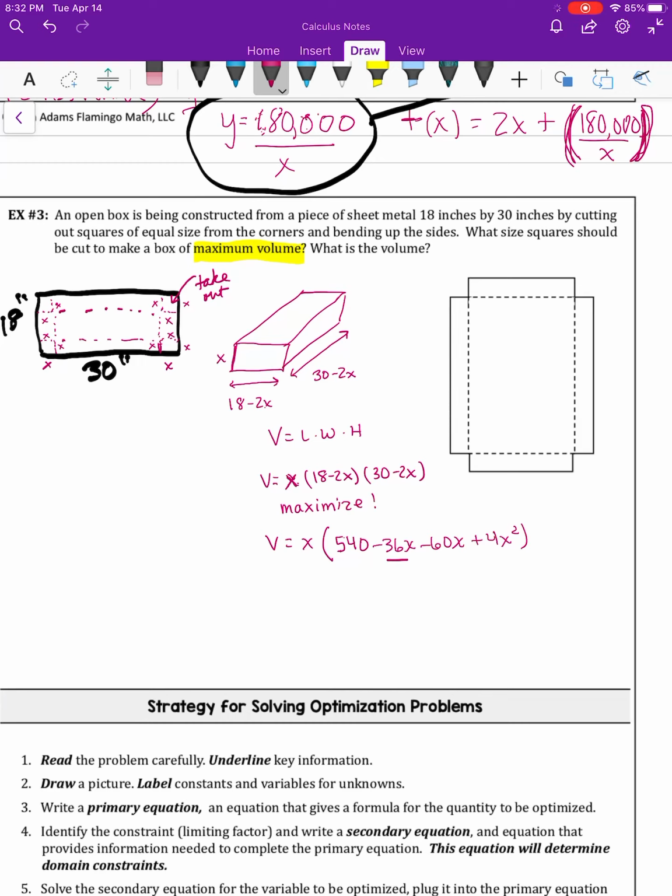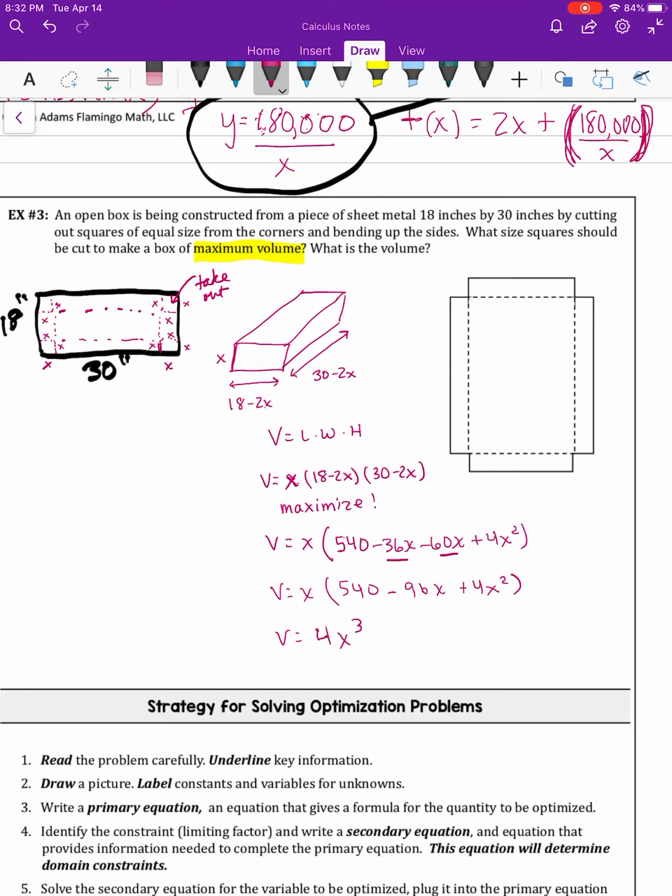Negative 2x times 30 is negative 60x. And negative 2x times negative 2x is positive 4x squared. And of course you have your like terms here. So we've got x times 540 minus 96x plus 4x squared.